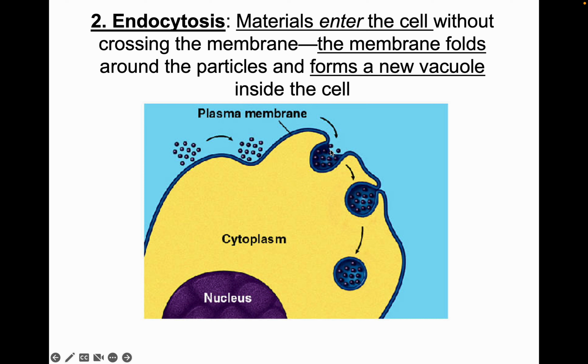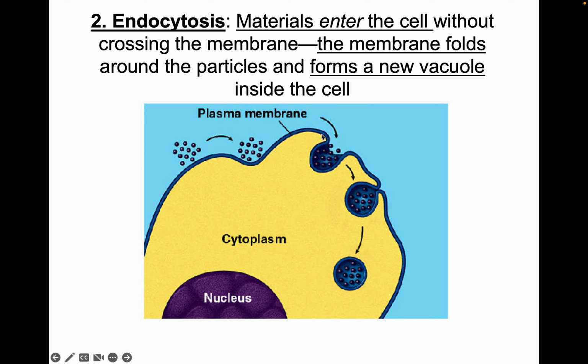So the outer membrane of the cell is a very flexible material that it can carry, or it can bring something in, like big molecules or even tiny organisms.